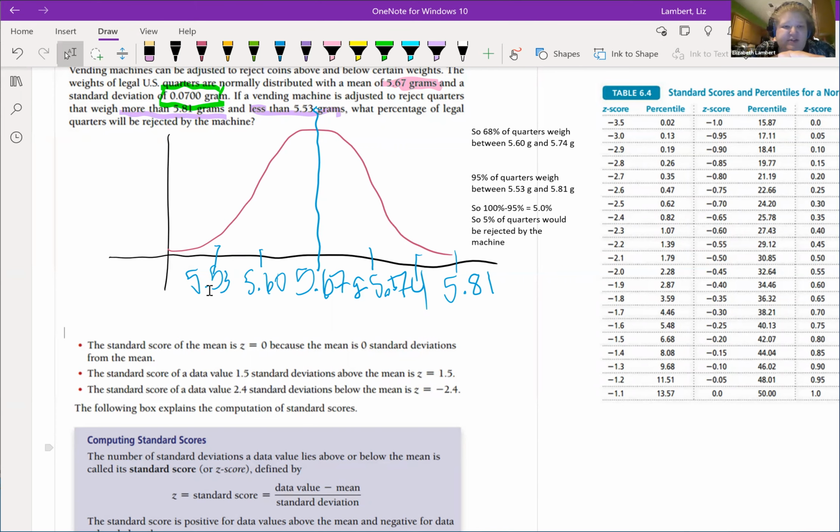Like half a standard deviation would be 0.035. So maybe I wanted to go 1.5 below the mean. So the number would be 5.565, 0.035 minus 5.6. But I don't know what 1.5 standard deviations is for the percentage of the population or the percentile.